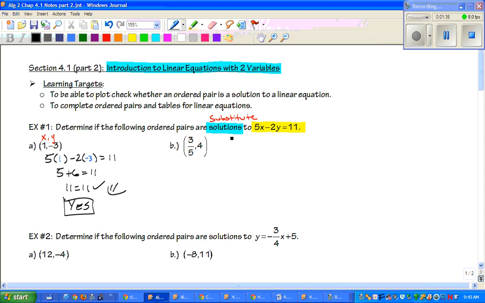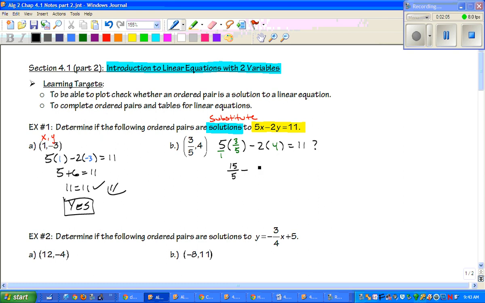And we're going to do the same thing using the same equation. So, does that equal 11? So we're plugging in 3/5 and 4. Now we're multiplying a number by a fraction, so we're going to turn this into a fraction. Multiply the numerators, we get 15/5.